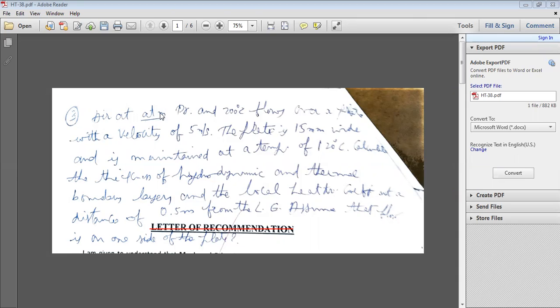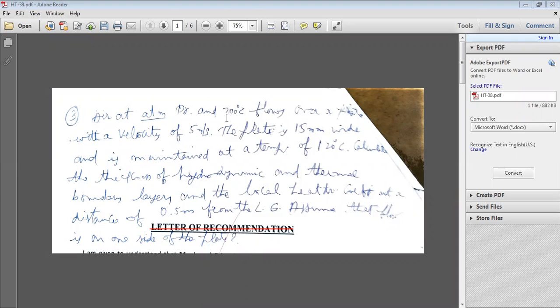So next problem on this flat plate, for laminar flow condition only. Air at atmospheric pressure at 200 degrees centigrade flows over a plate with a velocity of 5 meters per second.